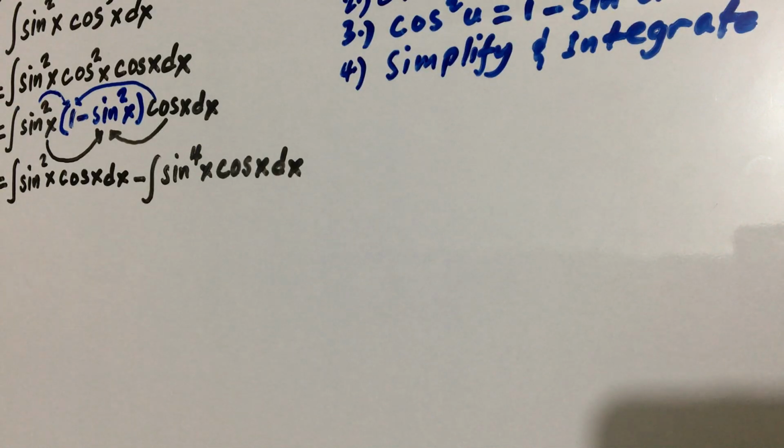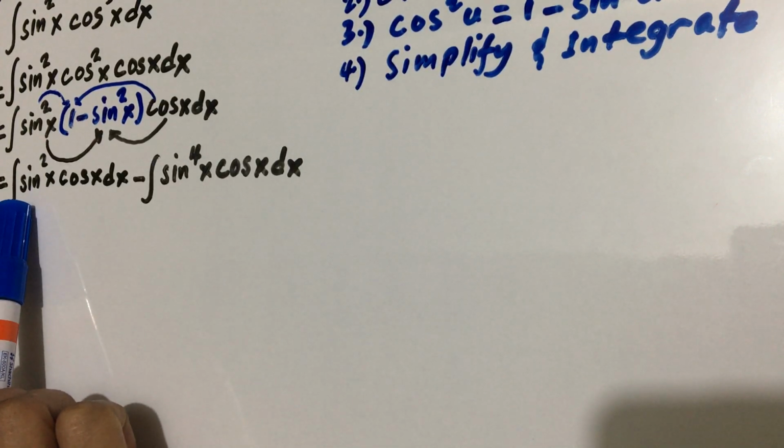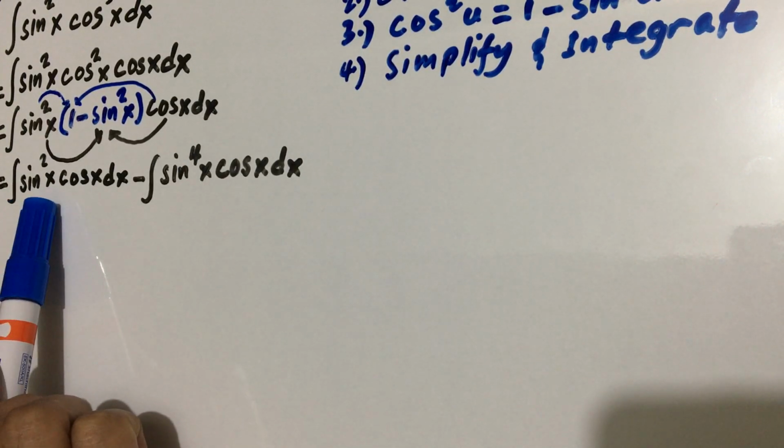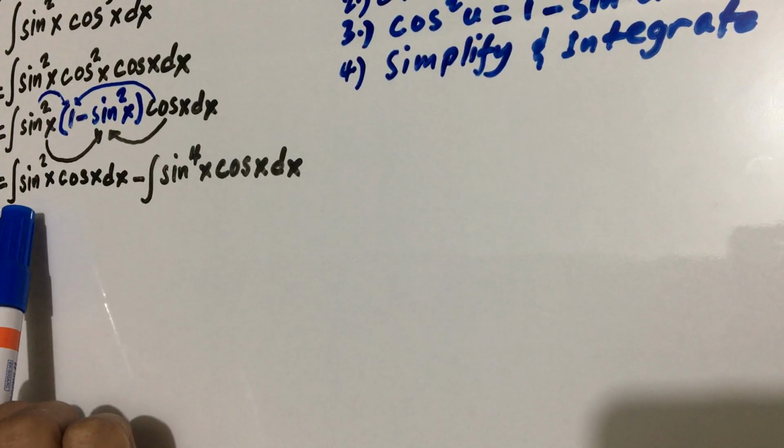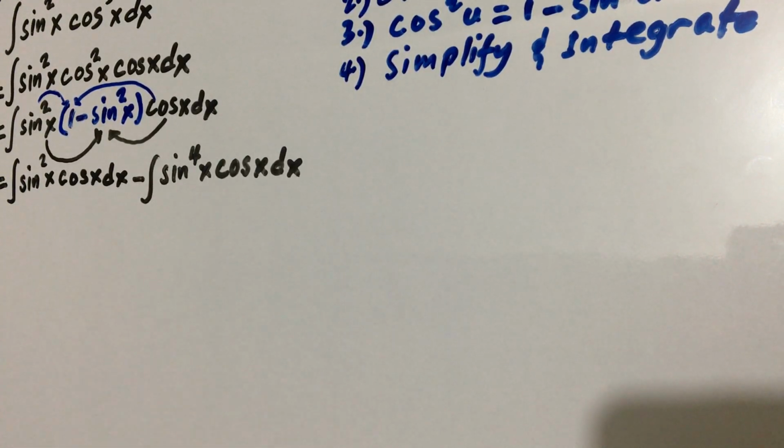Okay? So as you can see here, if you consider sine x as your u, the derivative of sine is cosine. So this will be in the form of u to the n du.